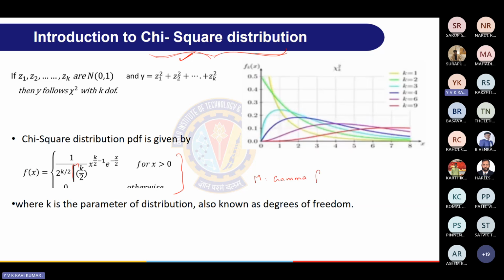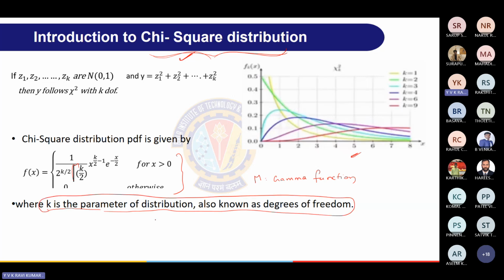Forget about it. There is a chi-square distribution whose graph looks like this. That's the only thing we require. The most important thing is the last sentence: k is the parameter of the distribution known as degrees of freedom.